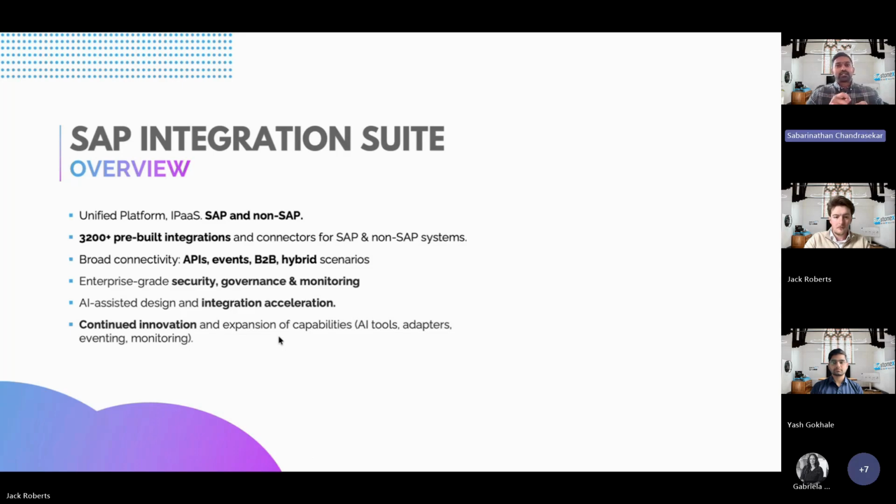Integration Suite also has a monthly release of features. So we have new connectors and new adapters being released every month, along with additional AI tools for eventing and monitoring. So Integration Suite would act as a perfect pitch if you're considering a middleware part of the S/4HANA journey overall. Next slide, please, Jack.